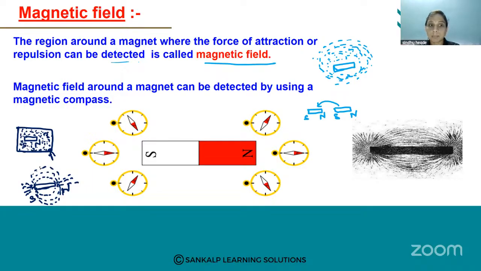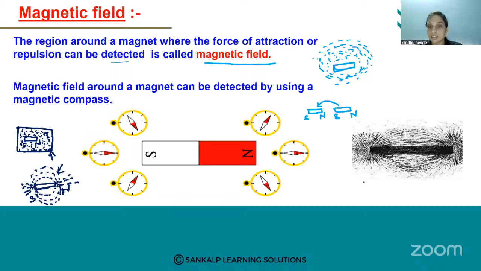So this particular region is called the magnetic field. The region where the iron is attracted is what we consider the region where the magnetic field is generated.